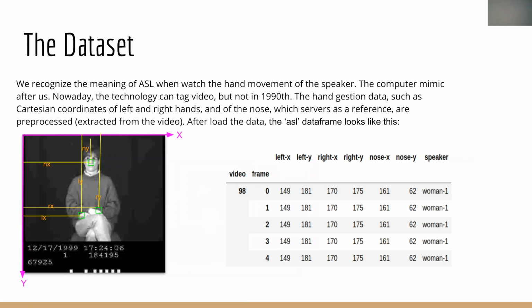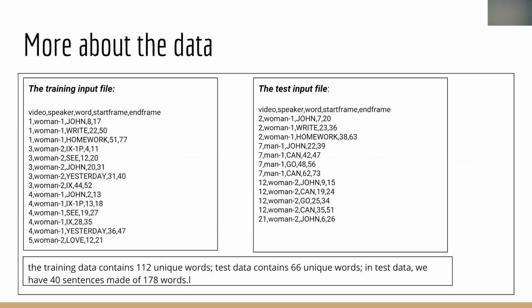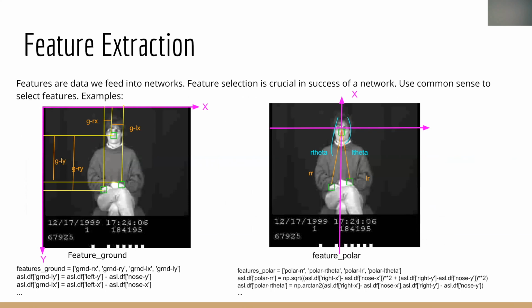We call this raw data input: left hand position, right hand position, nose position. From that position, this is how they look in the video. And this is feature extraction. In machine learning and deep learning, this is very much like half the work. You identify the features, and the machine learning model is actually taking the features data.